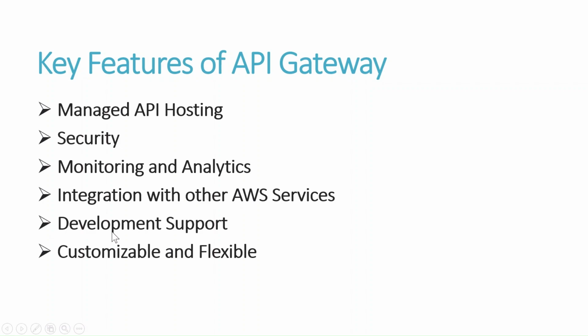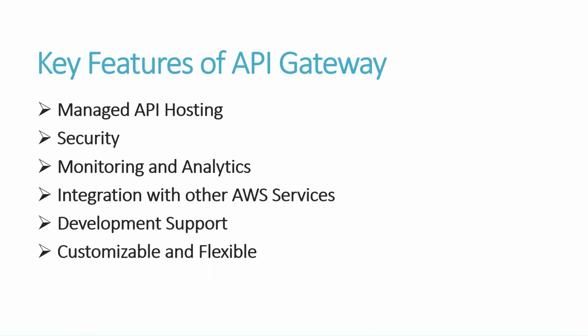Fifth one is development support. So API Gateway provides tools that make your life easier as a developer, like ready-made templates to create an API faster, and support for testing your APIs before going live.